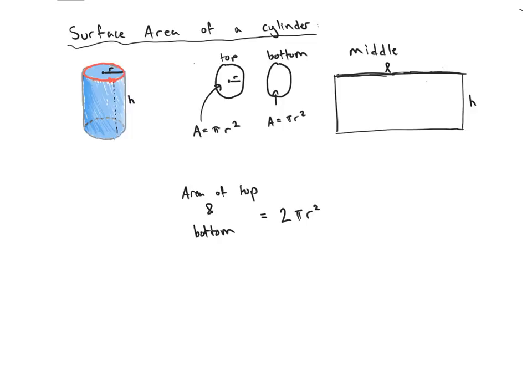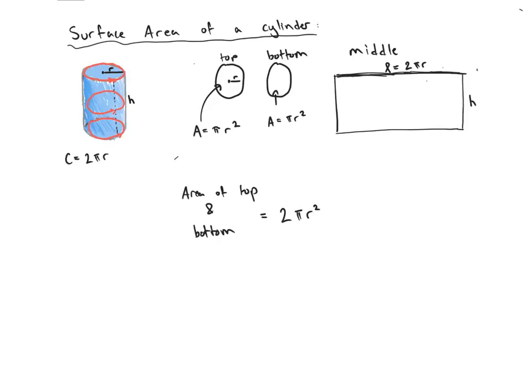That's the circumference of the top, or the circumference of the bottom, which happens to be the same length as the circumference of any spot on our shape. Down here too. Anywhere along this cylinder we have some circumference. And the circumference equals 2 pi r. That's the circumference of a circle, so that means that length L is equal to 2 pi r.